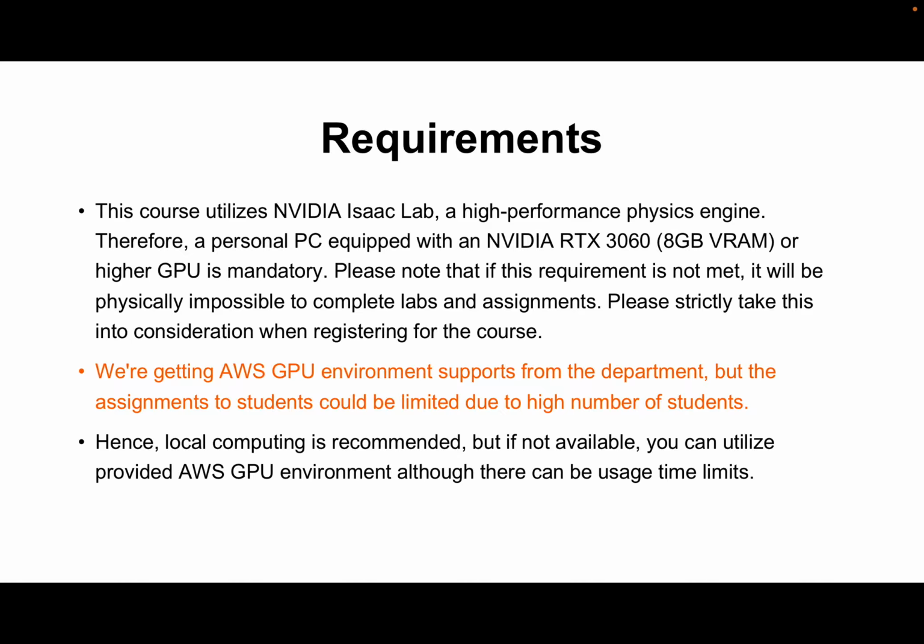There are many students. Even now we have more than 70 students, and maybe more students might want to register for this course. So I can't provide the AWS environment to all of you. Although I tried my best to get AWS GPU support from the department, we have a limited budget, so I cannot assign all the AWS computational resources to you.